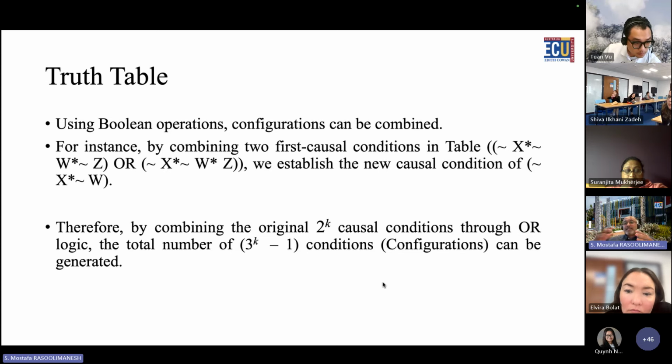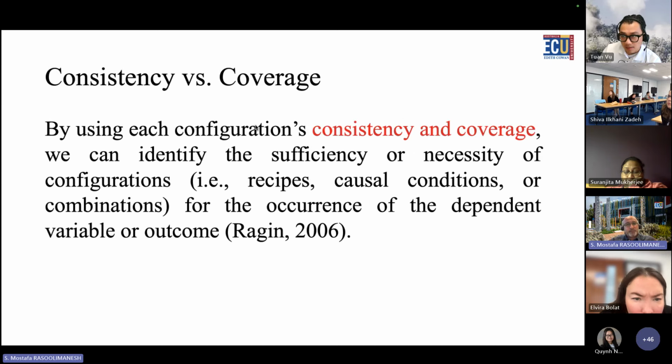So this is all the possible combinations of factors that can be created. And in the next step we will see, out of these 3 to the power of k minus 1 conditions or configurations or combinations of factors, which one is sufficient or necessary to create the outcome, right? So this is the next step. The second step is creating the truth table.